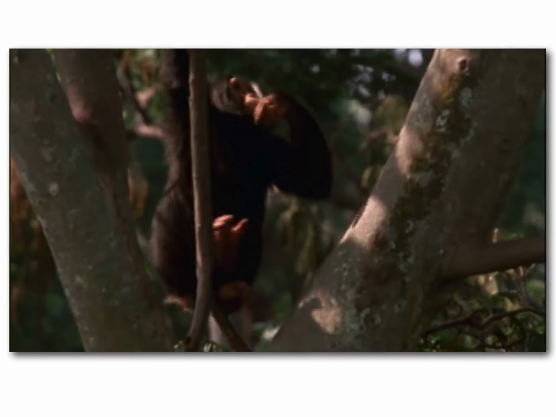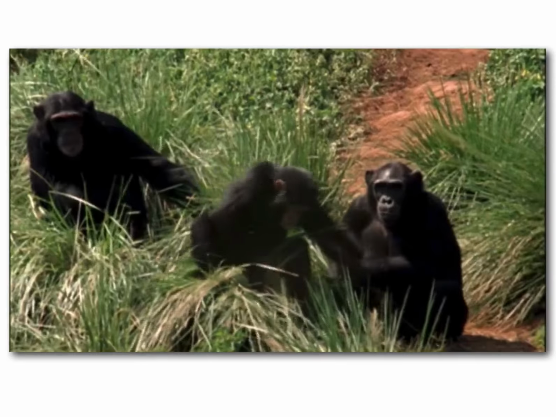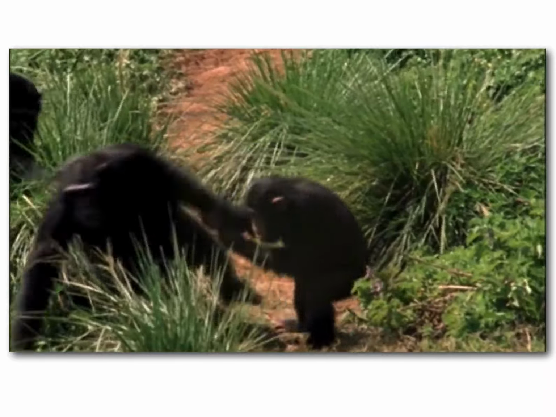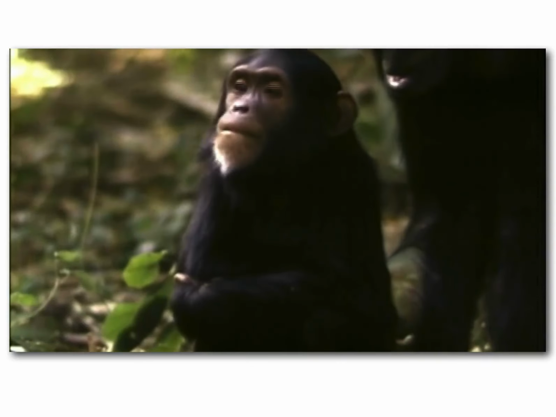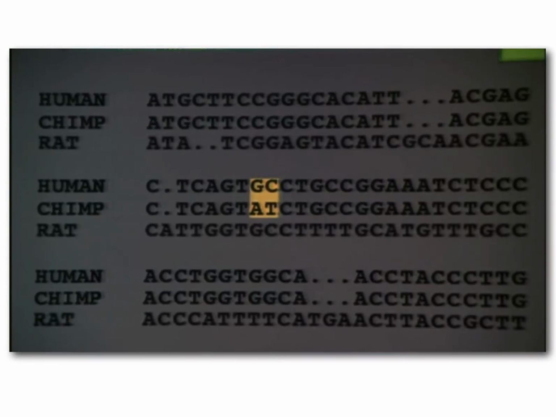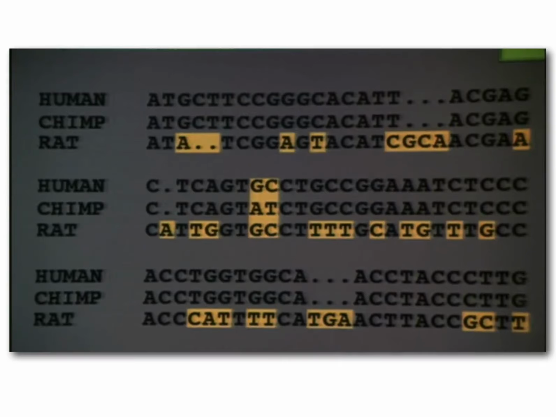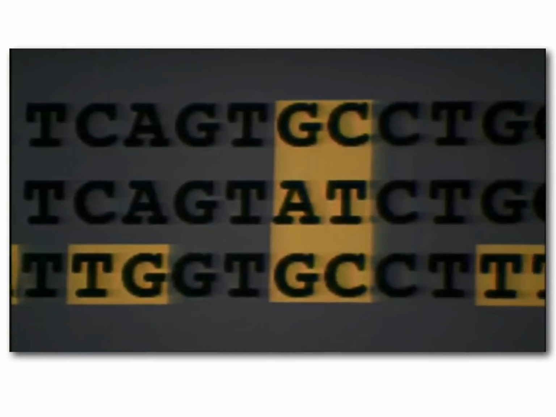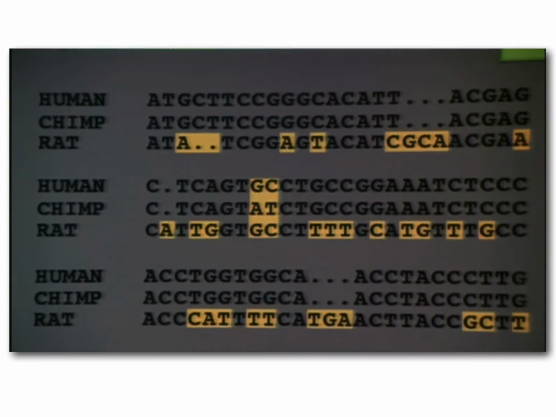Because we and chimps had a common ancestor only a few million years ago. And these few spelling differences have accumulated during the propagation of this DNA during those few million years. If more time had passed since we had our last common ancestor, more spelling changes would have accumulated. If the same gene from a rat is compared, many more spelling differences are seen. That's because our common ancestor with the rat lived about 80 or 100 million years ago, and there's been much more time for spelling differences to accumulate.